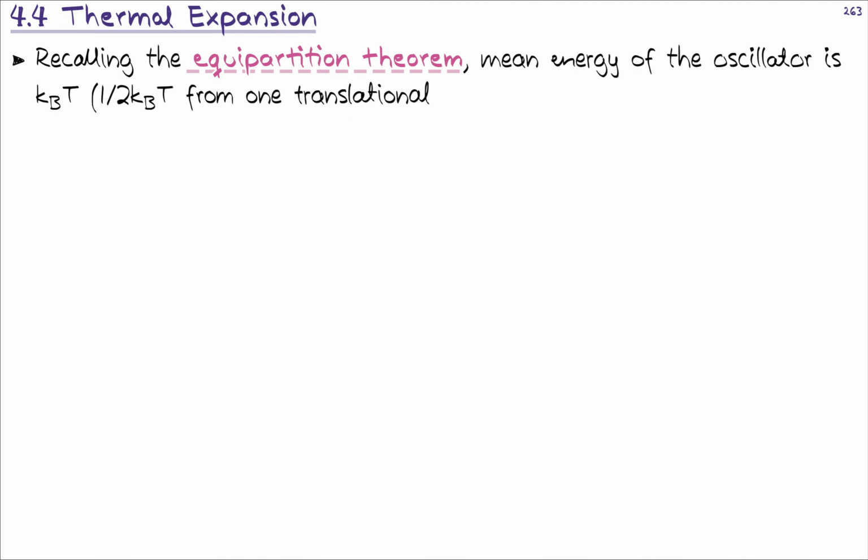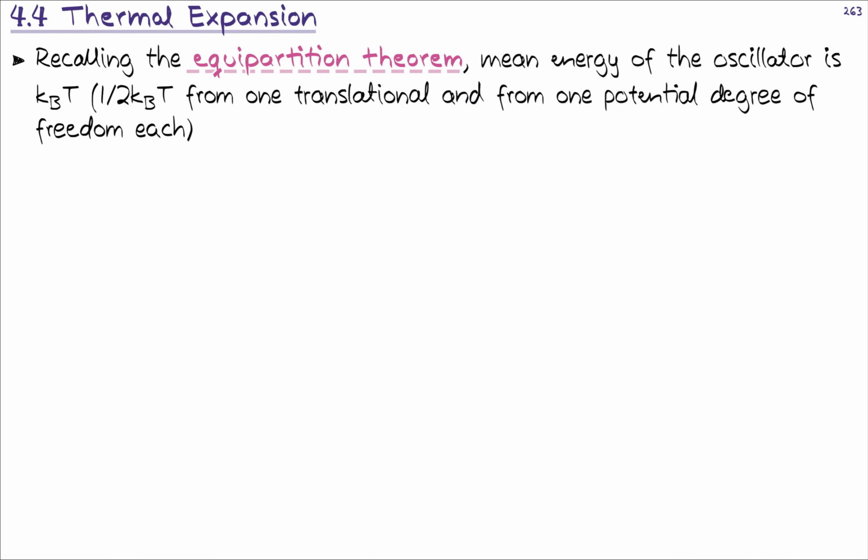So we have a one-dimensional harmonic oscillator, with one translational degree of freedom and one potential degree of freedom. So 1/2 k_B T from each, 1/2 plus 1/2, we get 1. So that's the mean energy of our oscillator.